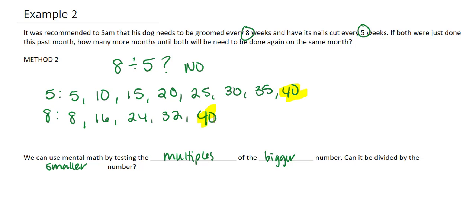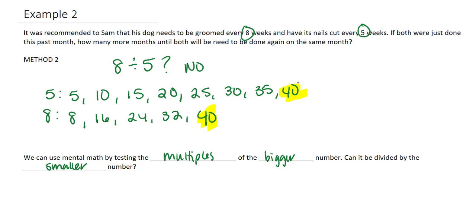So notice that the least common multiple between these is going to be 40. It took all the way to get to 40 in order for both of them to have a multiple of each other. And so really it's where we would go 5 times 8, or 8 times 5, we would have got to our least common multiple on this one.